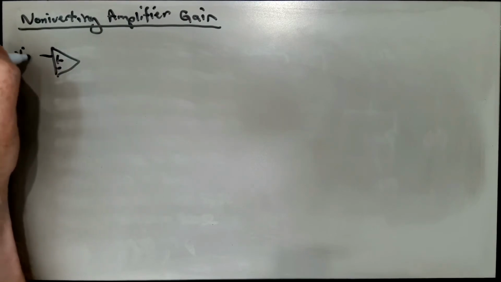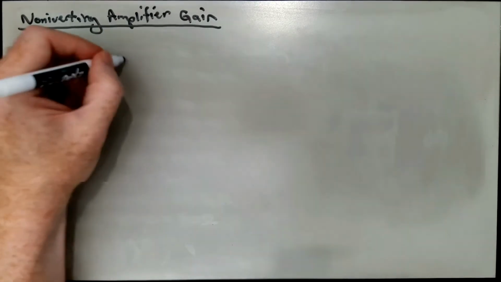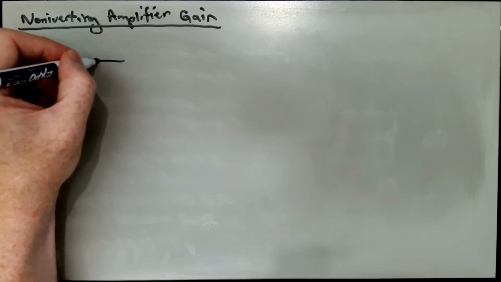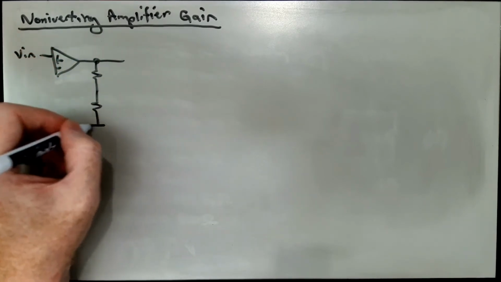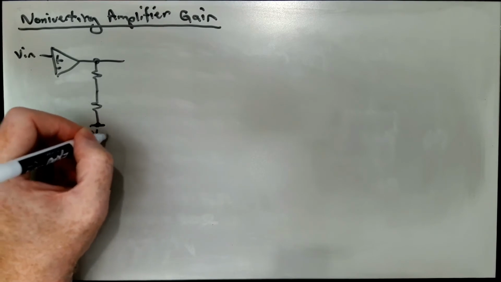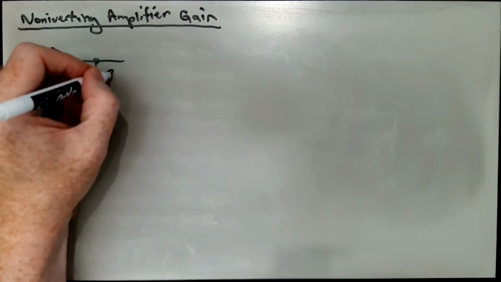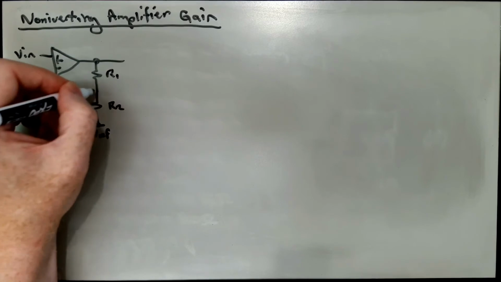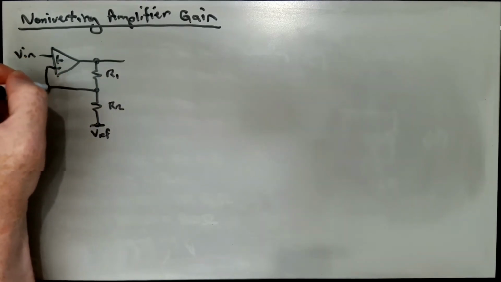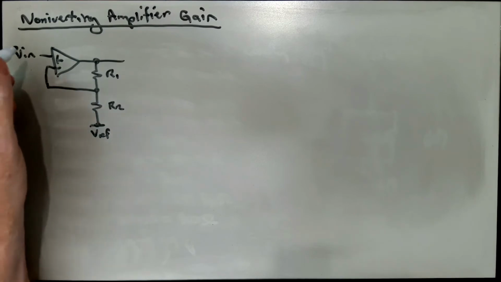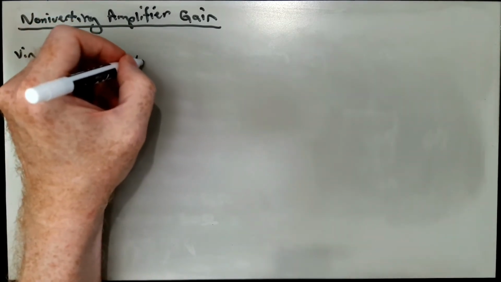Some input voltage V in. We have a resistive voltage divider down to some reference voltage V ref, with R1 and R2, and this midpoint here is fed back to the inverting input. This is V out.